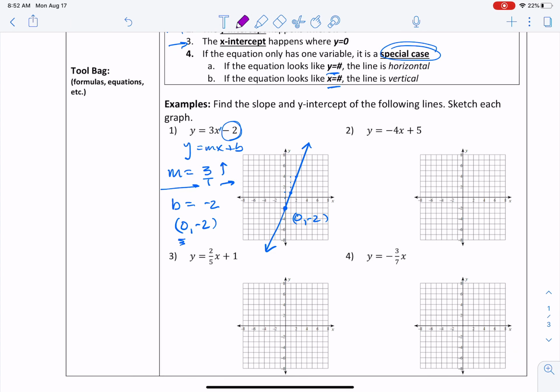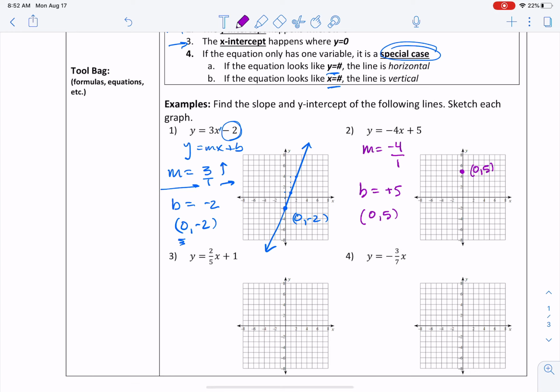So what you do when you see the equation is you just identify the slope. So in this case, our slope is -4 over 1, and our b is +5, so it's the point 0, 5. So we graph. So we start at the point 0, 5, which is right here.